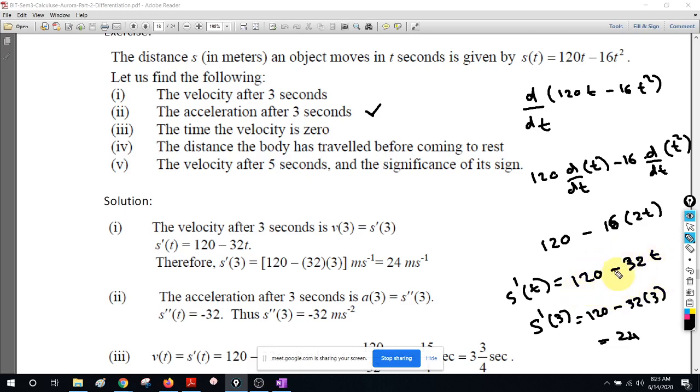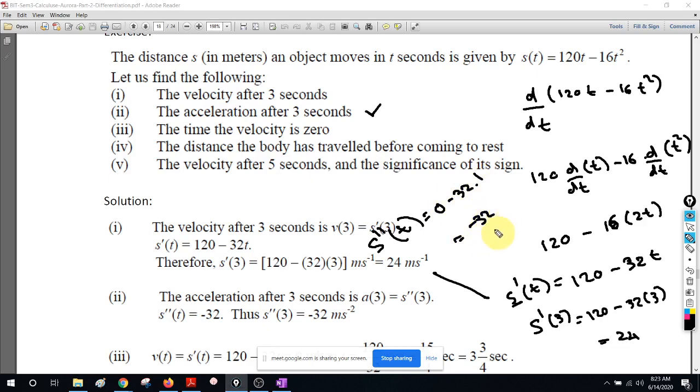Rate of change of velocity is the acceleration. So I differentiate this one again to get s double dash t, which is of course constant. If I differentiate, it is 0 minus 32 times the differentiation of t, which is 1, so what I get is minus 32.